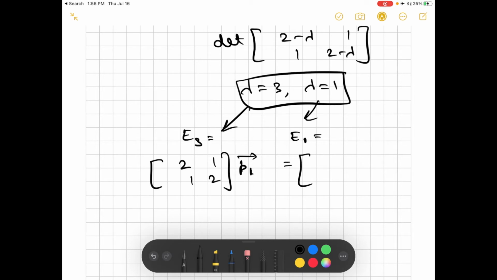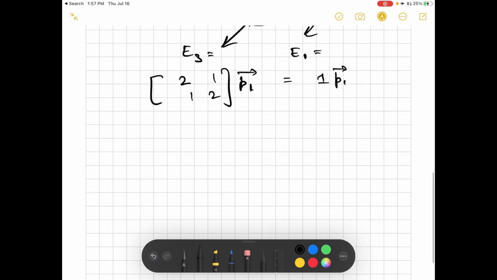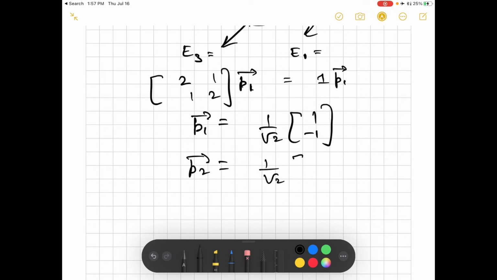So for lambda equal to 1, I can write 1 times P1, and when we solve it, we get P1 equal to 1 by root 2, 1, minus 1 after normalization. Mind you, this 1 by root 2 comes from dividing by the square root of the sum of squares, which is the L2 norm. Similarly, P2 comes out to be 1 by root 2, 1, 1.